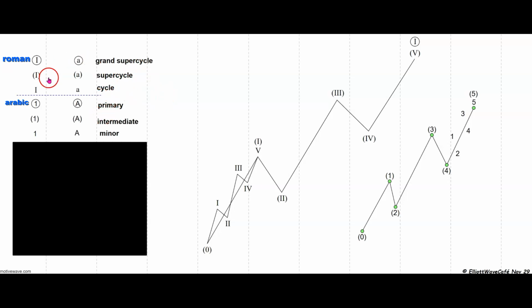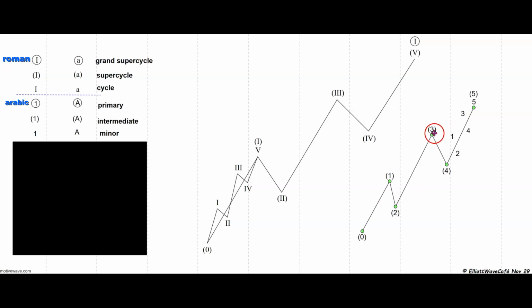So I would suggest that you do a sheet with all of these and just print it out and try to learn it as you're moving along. This way, when you explain it to somebody, or when you're learning, or when you're talking to your friends, other traders, then you'll know, hey, we're in wave 1 minor, then we're going to go down to wave 1 minute, and then to the minuette, and if you go higher, then you're going to go to intermediate.